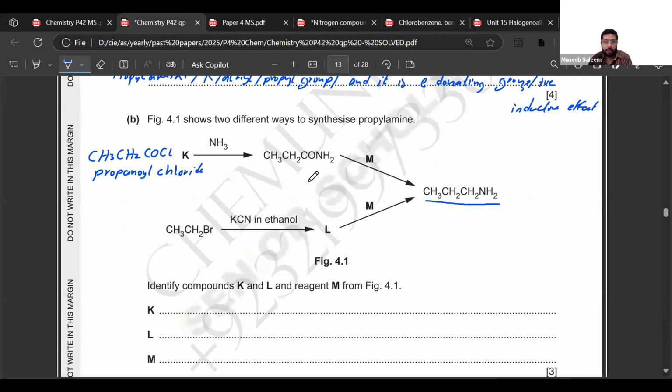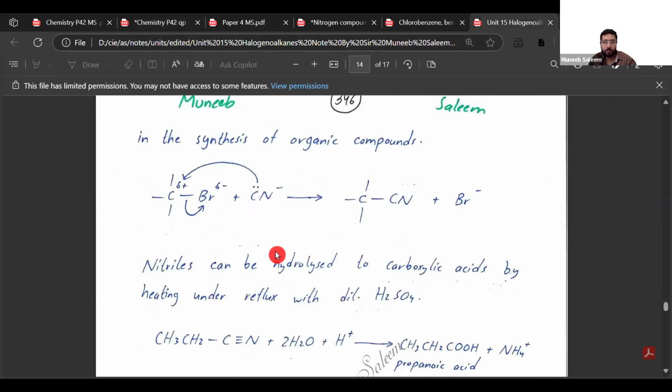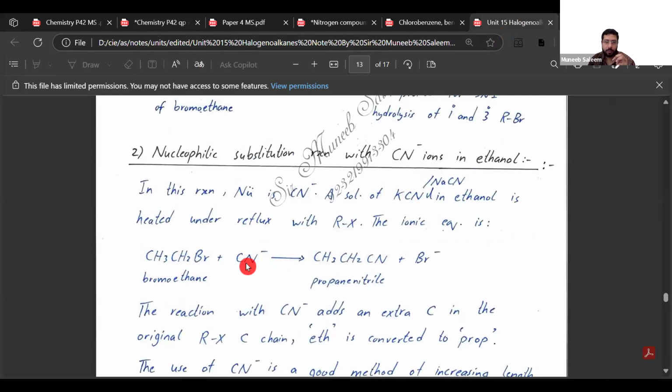Now the next is the identification of compound L. Now this is the reaction of bromoethane with KCN in the presence of ethanol to make compound L. Now it is basically taken from the AS chemistry. And again, I will show you my note where we learned the reaction between the halogenoalkane compound with the cyanide compound. So in the presence of halogenoalkane compound with cyanide, we get the formation of the nitrile here.